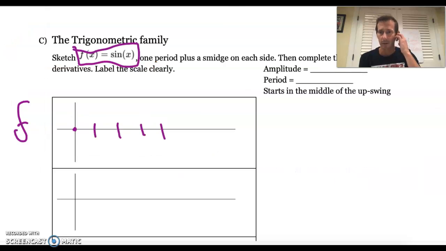All right, I'm running out of time, so I got to move along. I'm going to quickly set you up for the sine graph, and then you're going to do it.